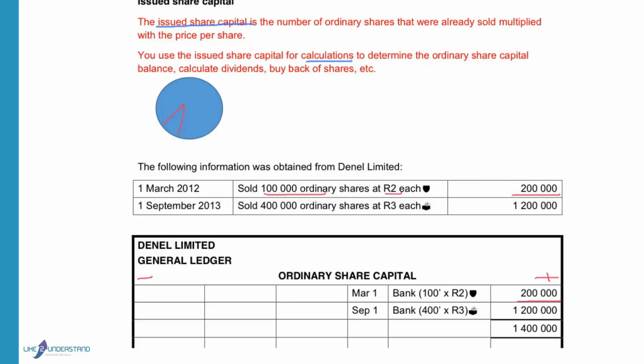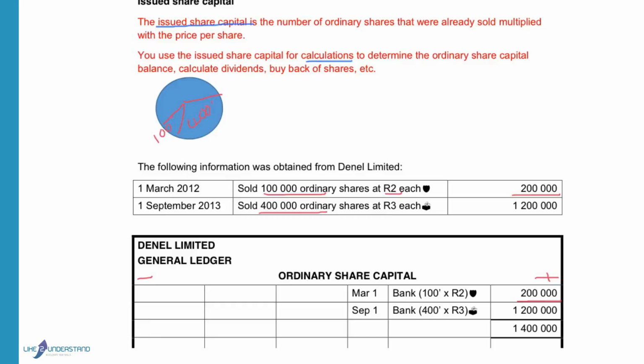Then in 2013, they decided they need more money because they want to expand the business, and they decided to sell an additional 400,000 ordinary shares. So out of this cake, they've taken 400,000 shares. So the first lot that they sold was 100,000. Now they are selling 400,000.